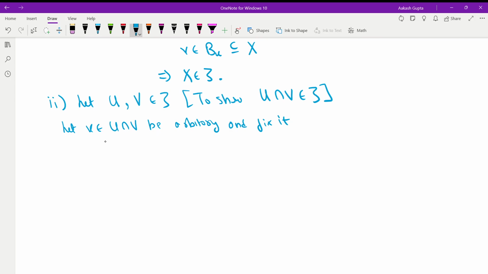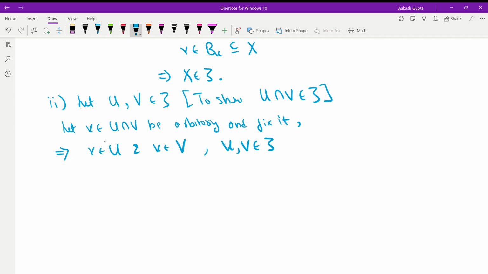So what you have to do? First write the meaning of this. We have done many examples. So this implies x belongs to U and x belongs to V. Now, what are U and V? U, V belong to tau. Use the meaning of that.